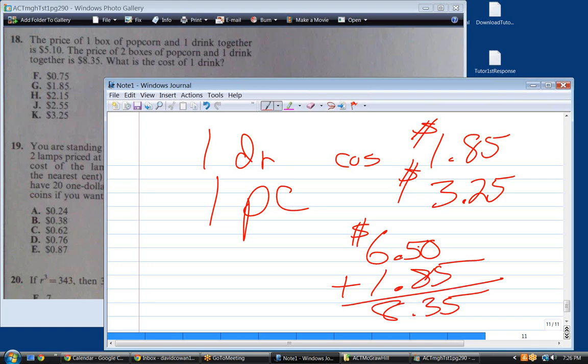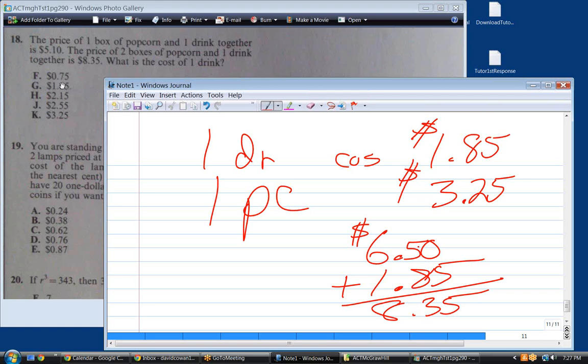Now, why did we start with G? Why didn't we start with F? Because F is too low. No, there's a reason. When you use back solving to solve these, frequently you can tell whether you need a bigger or a smaller price.